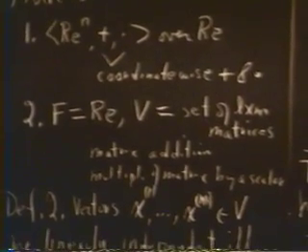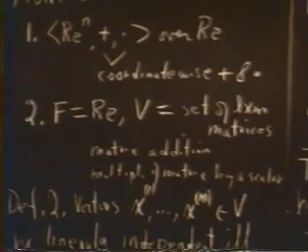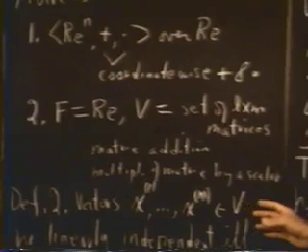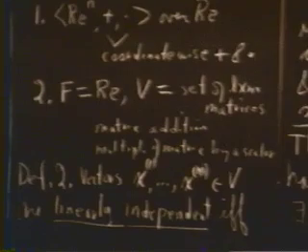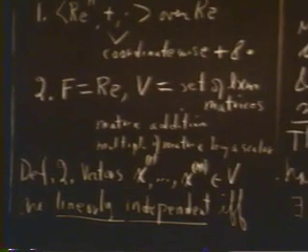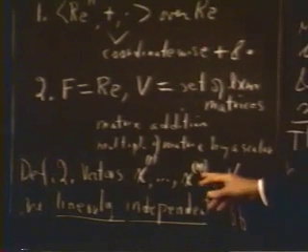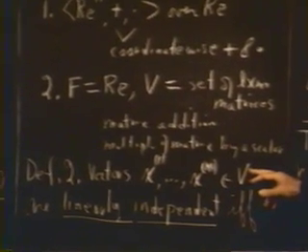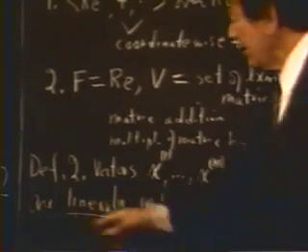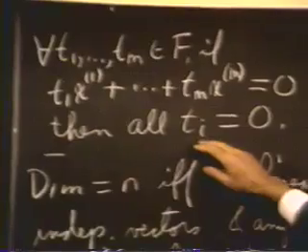The first, and in many ways the most fundamental concept for vector spaces is that of linear independence. We say that vectors x1 to xm in the set V are linearly independent if and only if the following condition is satisfied.